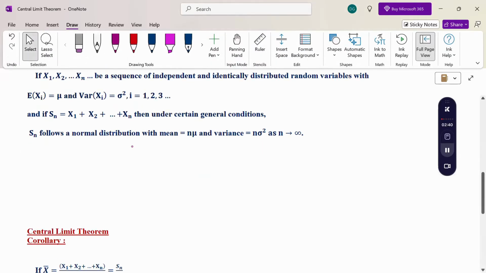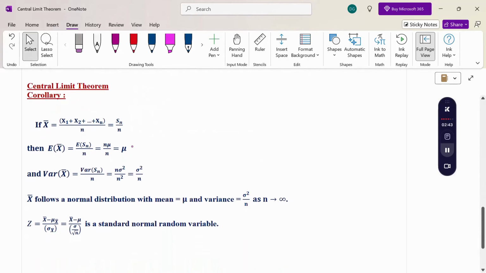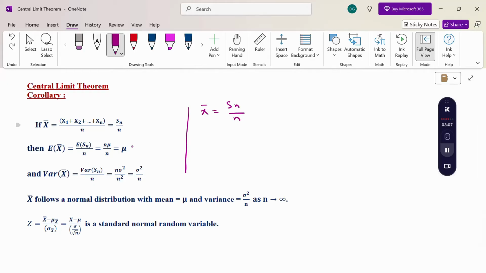And then in the central limit theorem, what is the corollary? If X bar is the average, X1 plus X2 plus etc. plus Xn by n, here X1 plus X2 plus etc. plus Xn is nothing but Sn by n. Then how to calculate the expectation of X bar? Expectation of X bar is expectation of Sn by n, that is X1 plus X2 plus up to Xn by n.